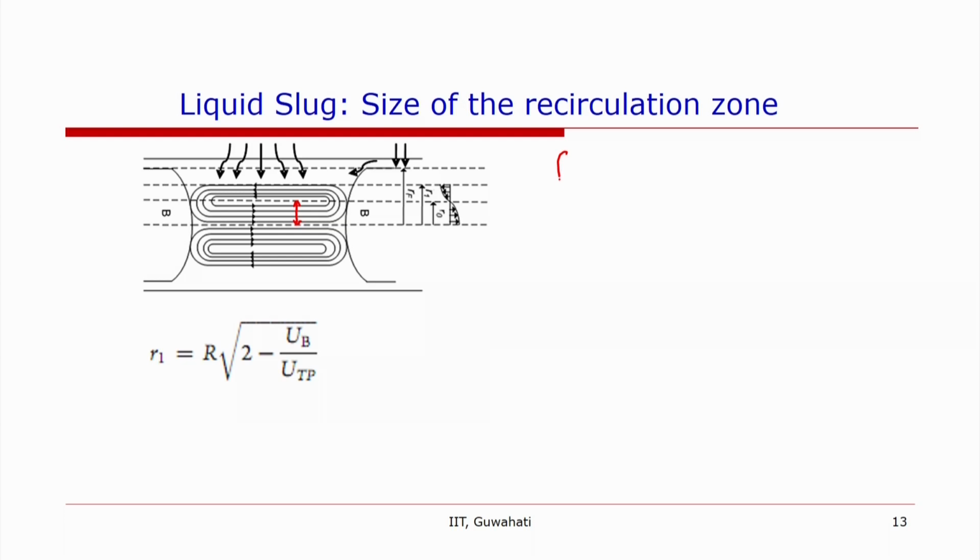So if we write integral 0 to R0 Vx 2 pi R dr, that will be the flow that is happening in this direction.